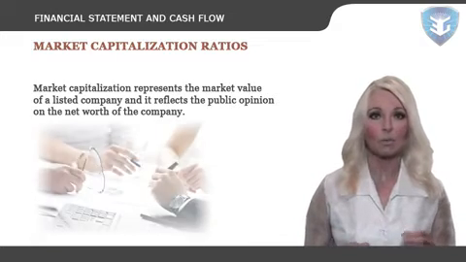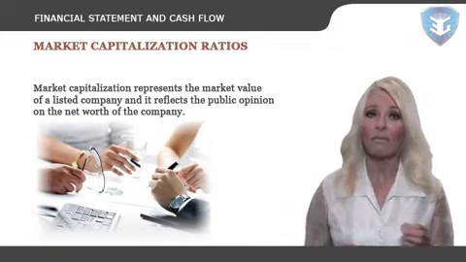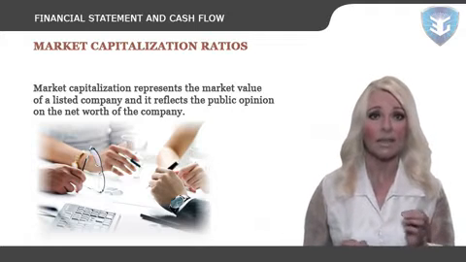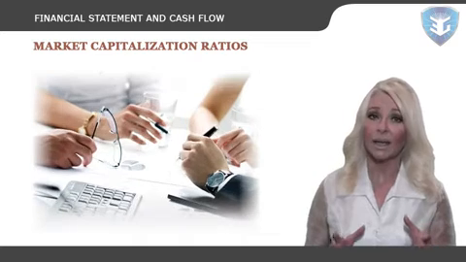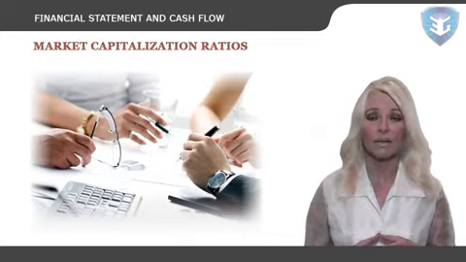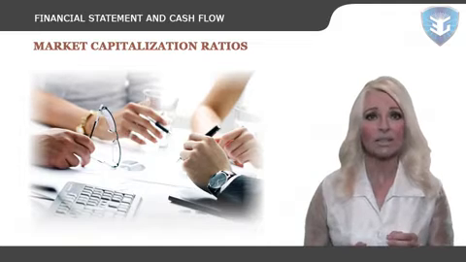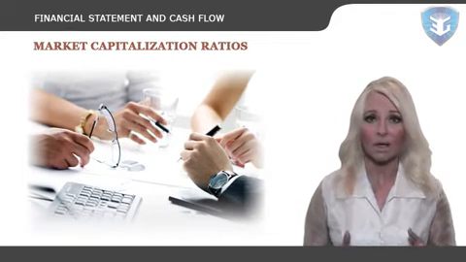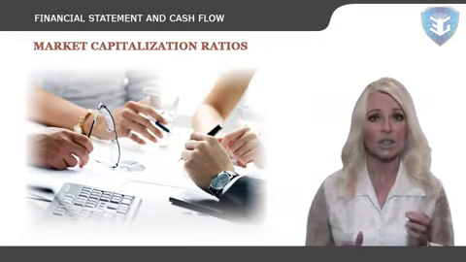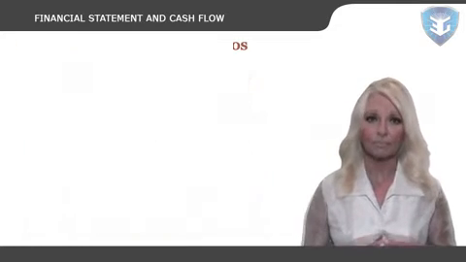Market capitalization represents the market value of a listed company, and it reflects the public opinion on the net worth of the company, and it is a basic determinant in evaluation of shares. Market capitalization is just a juggled name for a simple concept. It is the market value of outstanding shares of a company.